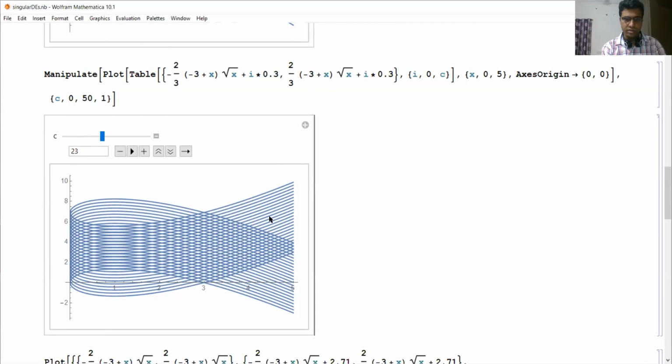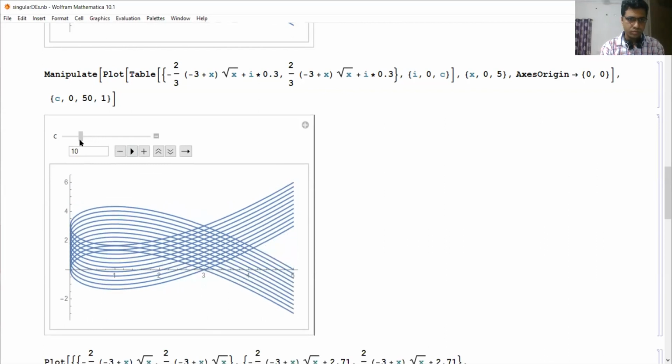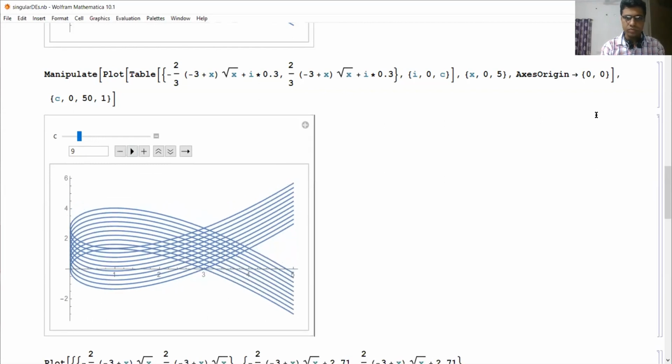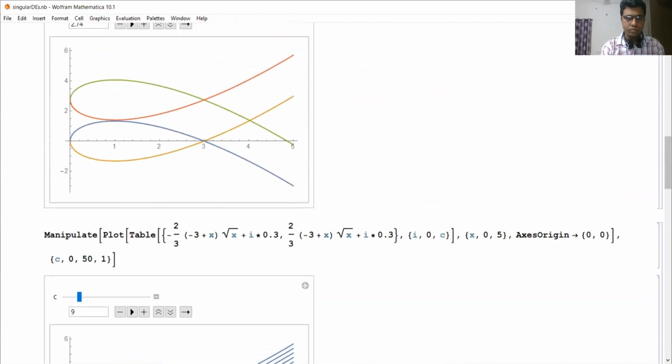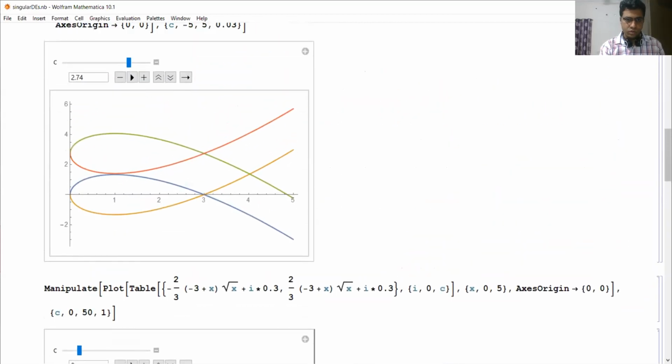Let us consider this curve. We use this figure.